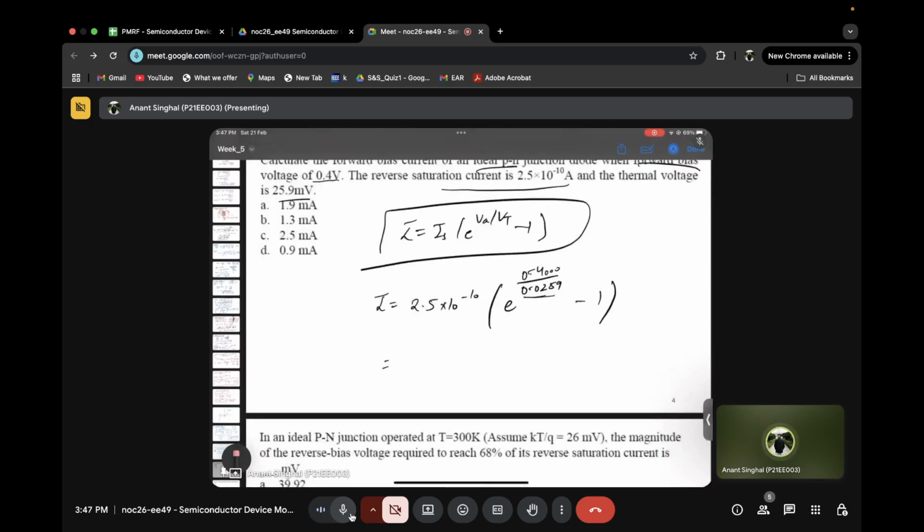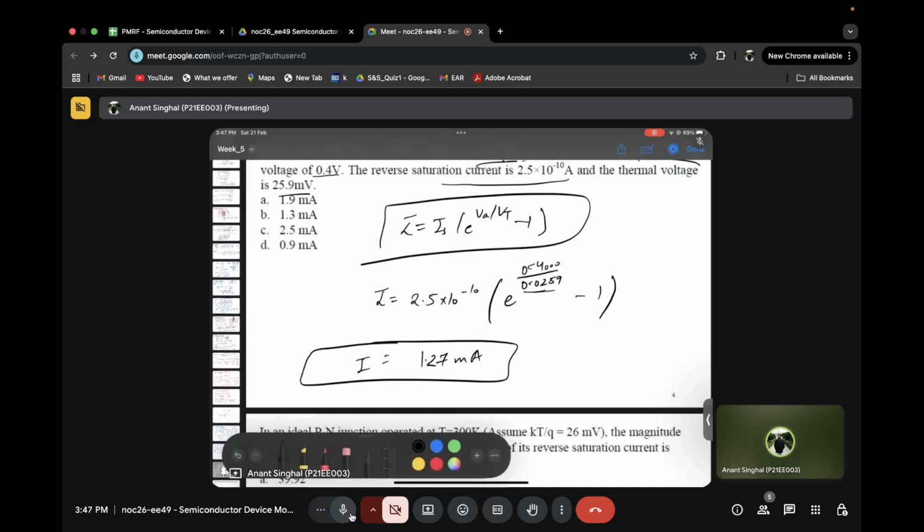So I'm getting the answer as 1.27 milliamps. You can check the calculations later also. This is what I'm getting.